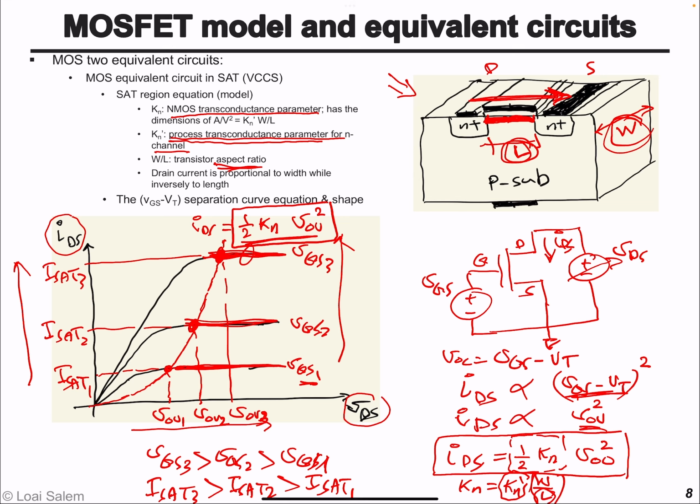Okay. So my point here is, for any voltage VDS higher than this quadratic line, the transistor is going to be in the saturation region, and for any VDS below this quadratic line, the transistor is in the triode region.